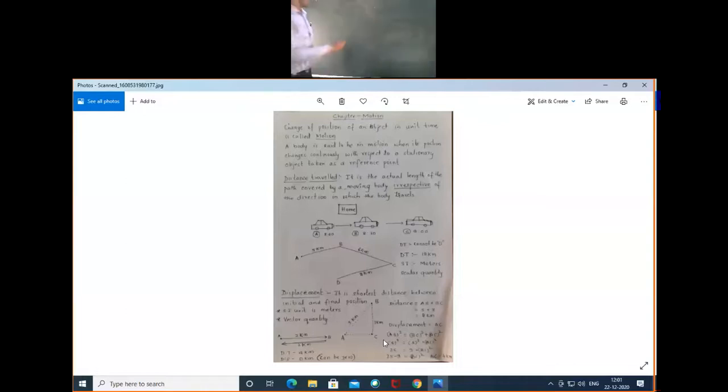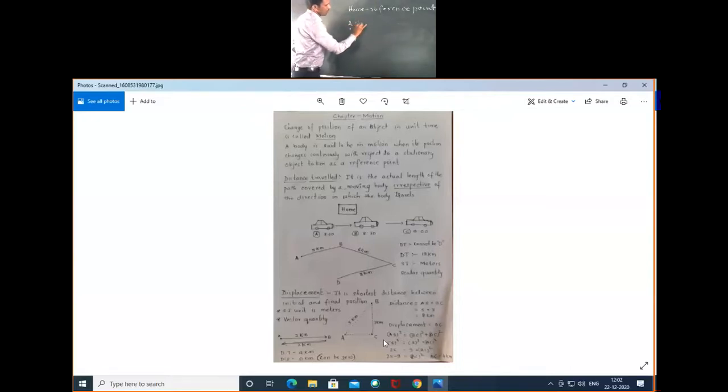See here. This is your home. You think that this is the reference point. So home is your reference point. From here you are moving from a place.